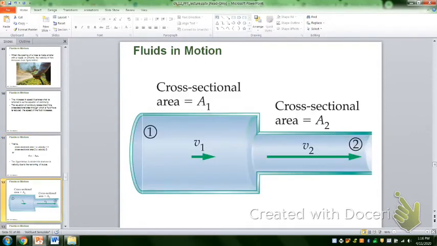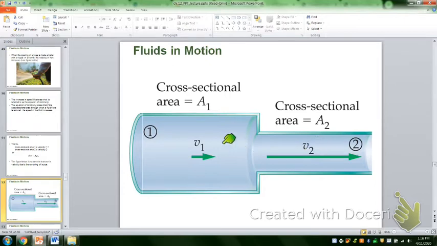So here is a pipe with water flowing through it, and you can imagine this even being open over here as well. But as water flows through this pipe, then it has to come down to a smaller pipe and go through that smaller pipe. So what the formula is saying is, if you take the cross-sectional area of this part of the pipe, which would be a circle, a large circle, and you multiply times the speed, then that will always equal the cross-sectional area of this pipe times the speed.